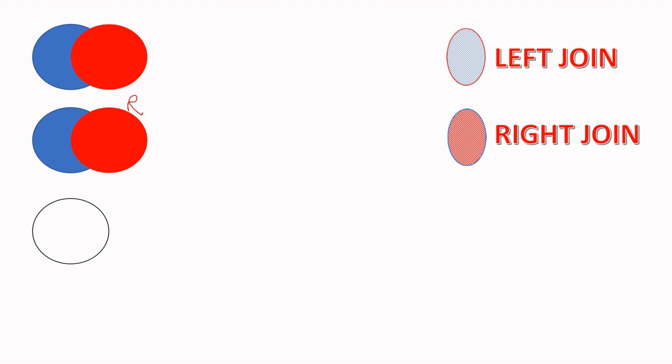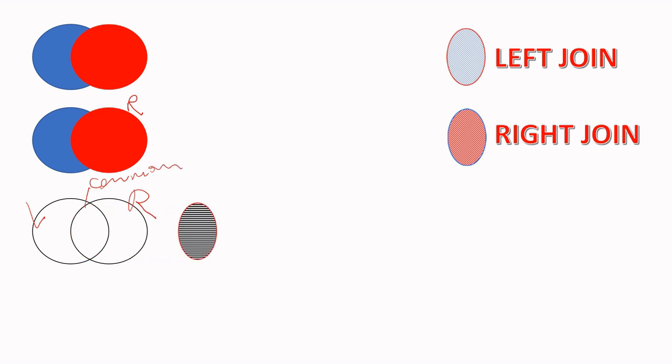Next we have one table, then the other table, and only the matching observations which are common in both of these two. This is the left and this is the right table, and these are the common observations in both of these two tables.